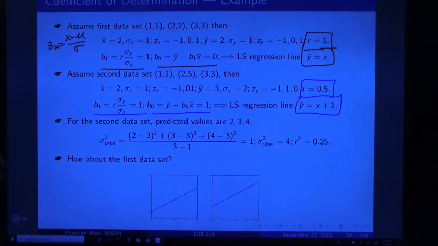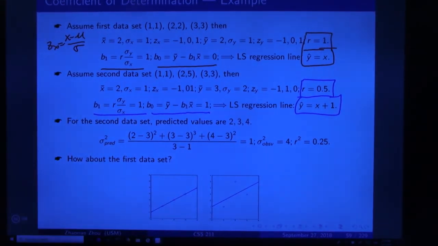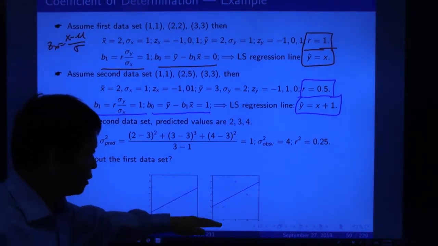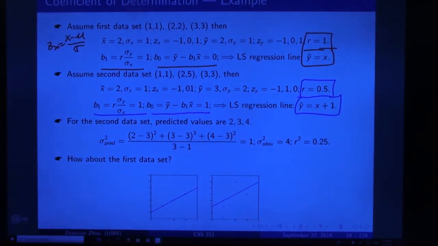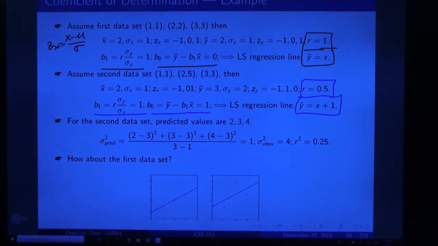So we have the correlation coefficient equals 0.5, and the regression line y hat equals x plus 1. And if we plot this, this line does not pass through any of these three points, but this is the best in the sense of least squares.